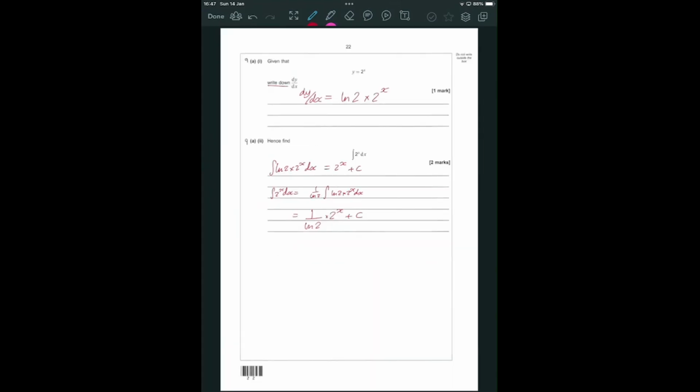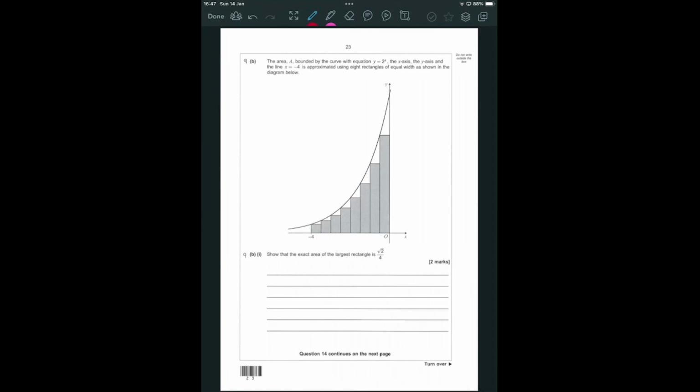That's only part A of the question. Let's see how it develops further. The area bounded by 2 to the x, okay, well that's why I've been integrating it, the x-axis and the y-axis and the line x equals -4 is approximated with rectangles. Show the exact area of the largest rectangle.